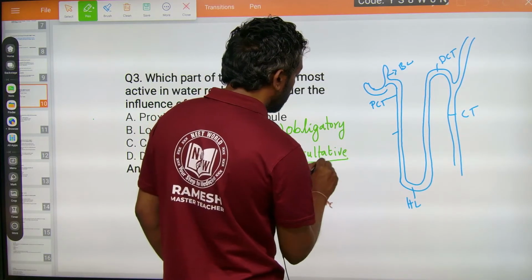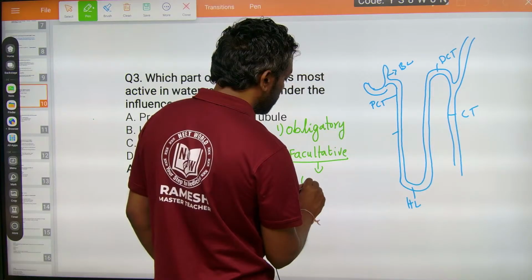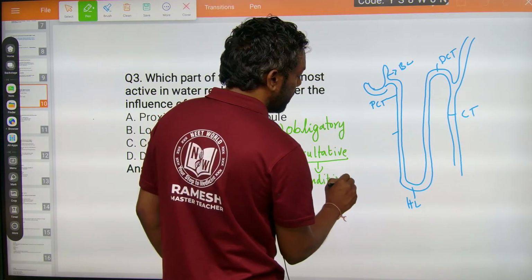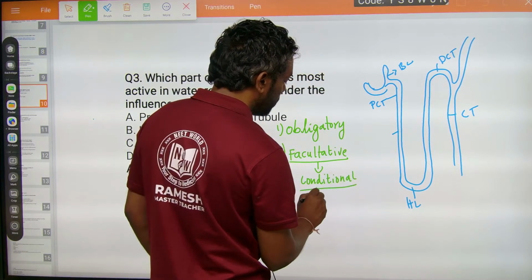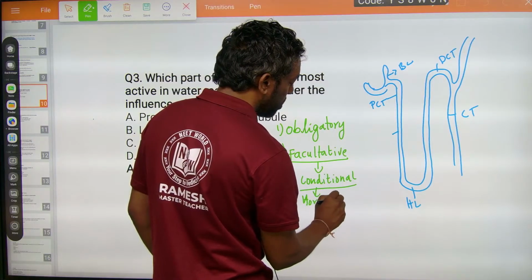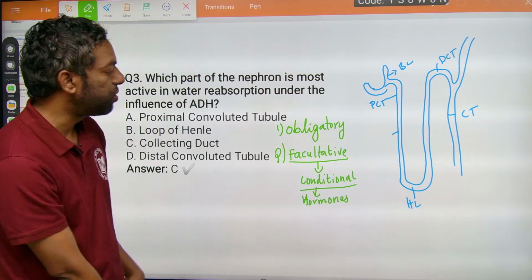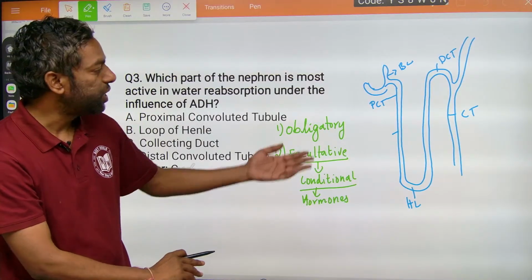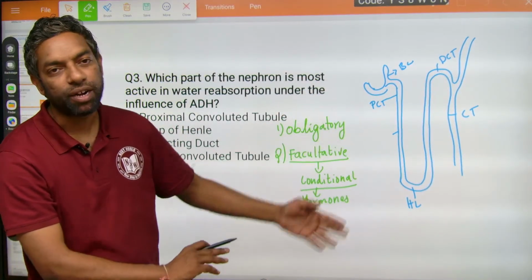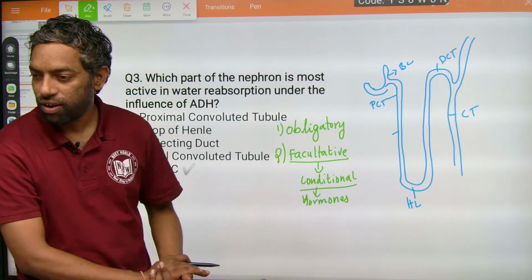Facultative we can call conditional reabsorption, a condition under the control of hormones. Under control of hormones there is reabsorption. Which part of the nephron has facultative reabsorption, meaning it is under the control of hormones?